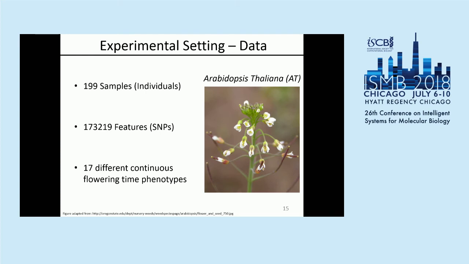Let's see our results. We benchmark the performance of our method on the dataset for Arabidopsis thaliana with nearly 200 samples and nearly 200,000 SNPs. It has 17 continuous flowering time phenotypes.